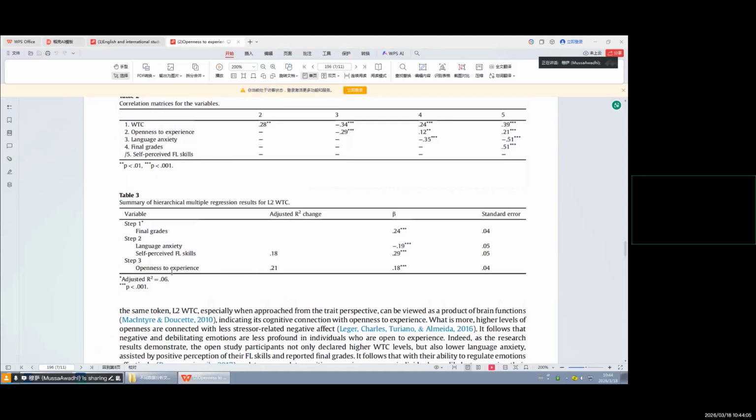Dependent. You can see the theoretical multiple regression results for WTC. You can see here the variables. All of them are what?